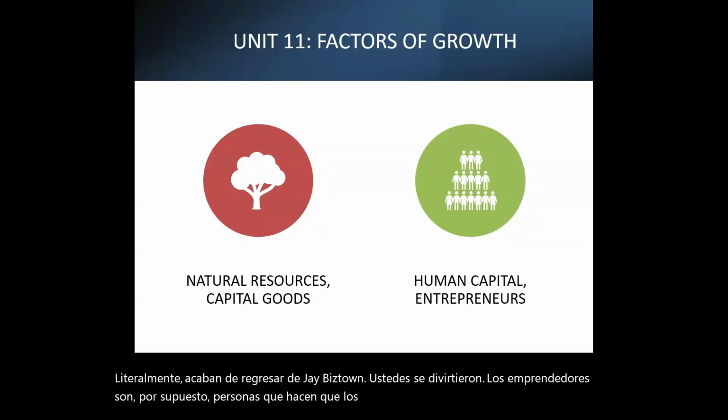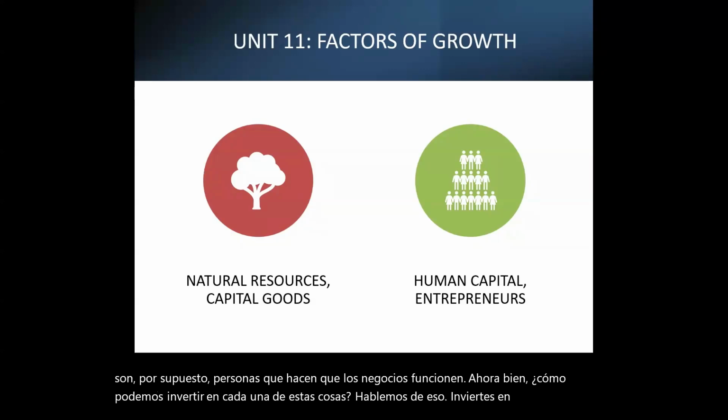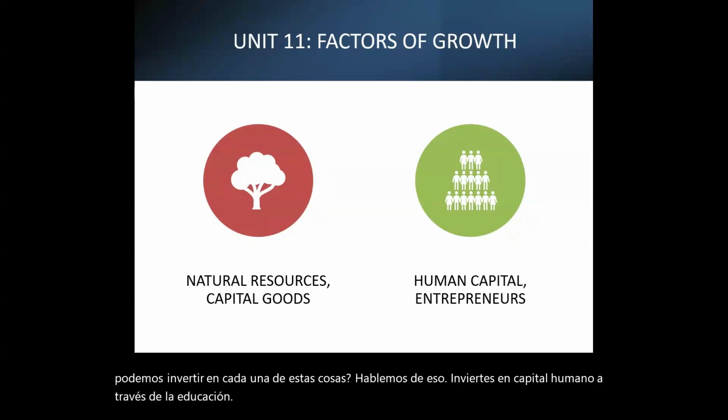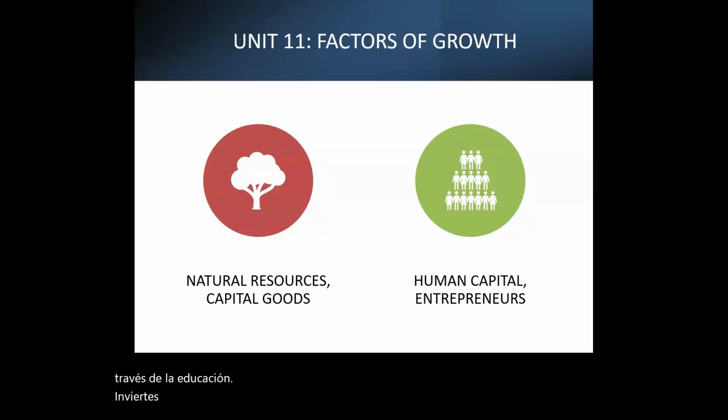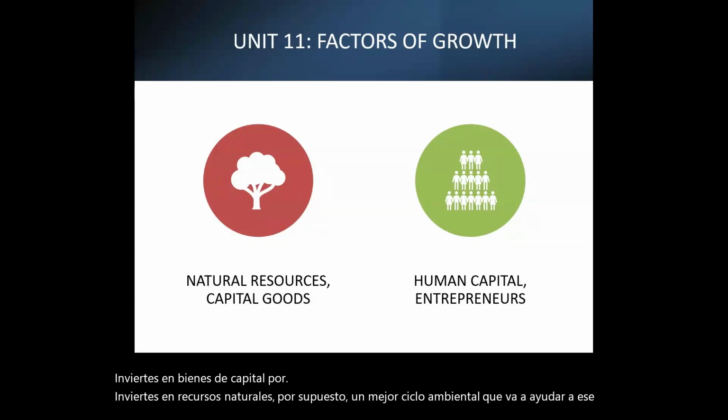Now, how can we invest in each of these things? Let's talk about that. You invest in human capital by education. You invest in capital goods by purchasing better equipment. You invest in natural resources by, of course, a better environmental cycle that is going to help that natural resource grow better.